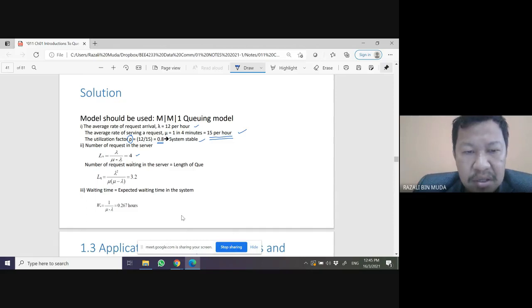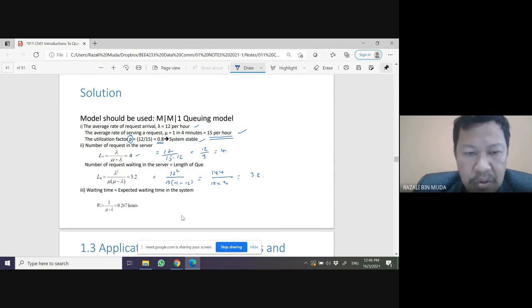The number of requests waiting in the queue, Lq, equals lambda squared over mu times mu minus lambda, so 12 squared over 15 times 15 minus 12, which becomes 3.2.